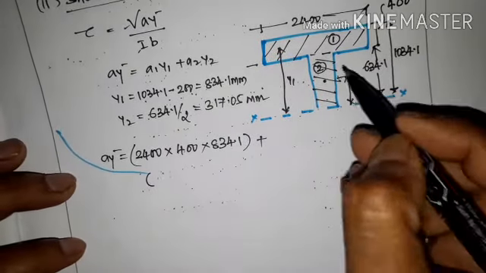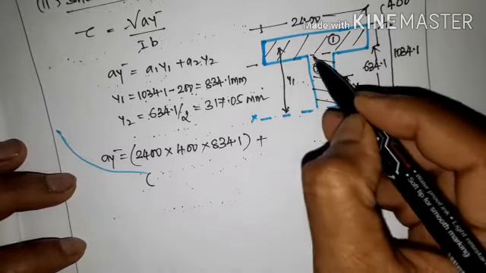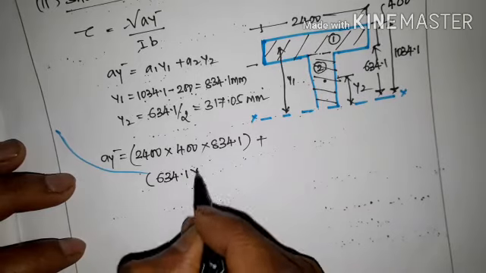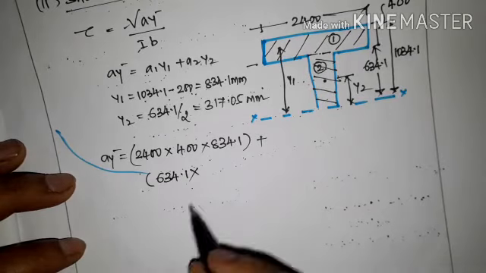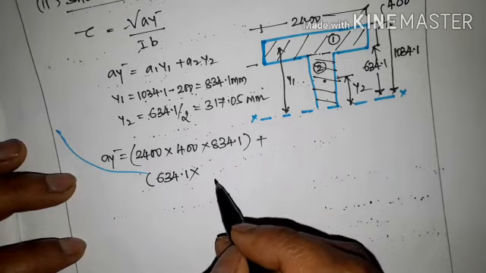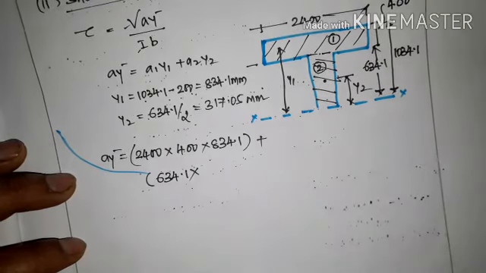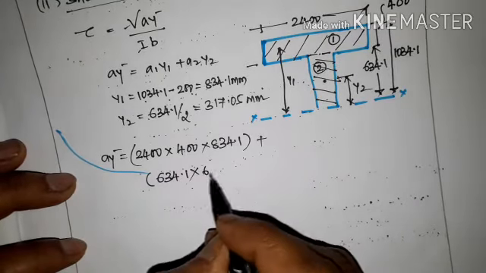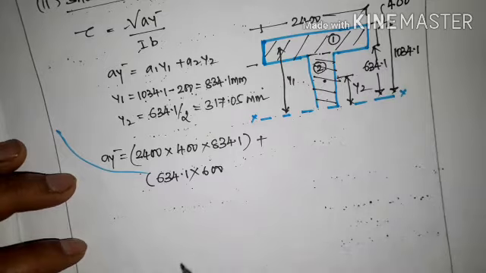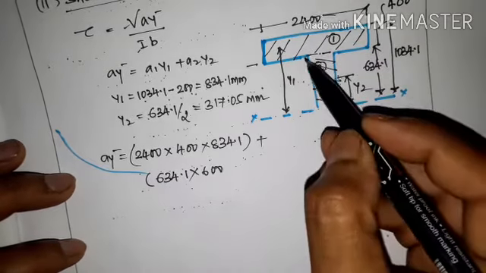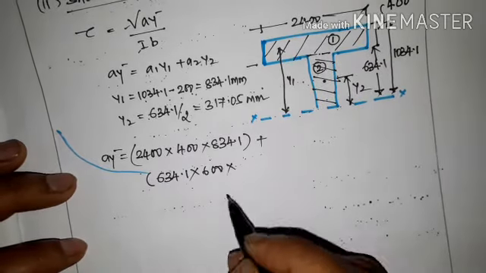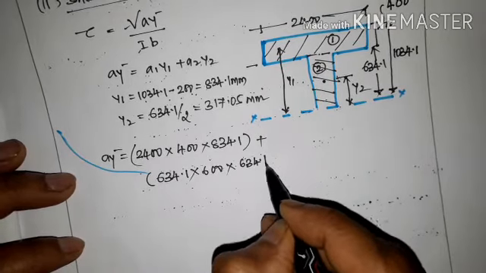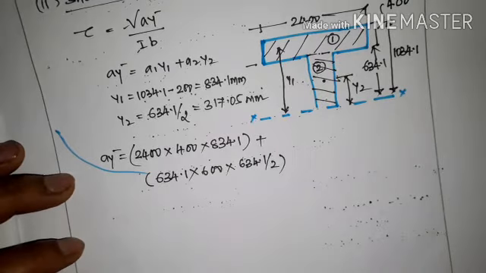A2 is 634.1 into thickness of web, which is 600, into the distance 634.1 divided by 2, that is 317.05.